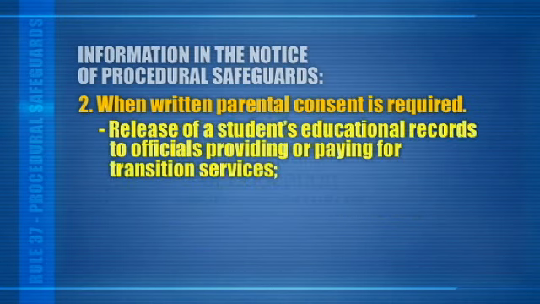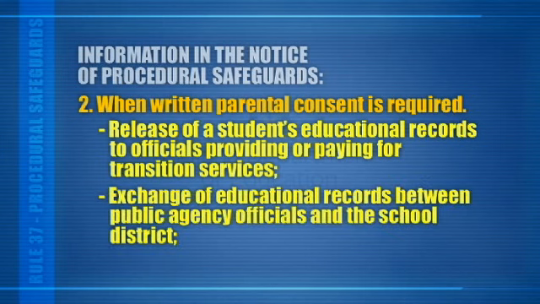The release of a student's educational records to officials of participating agencies providing or paying for transition services. The exchange of educational records regarding a parentally placed non-public school student between officials of the public agency where the non-public school is located and the school district of legal settlement.